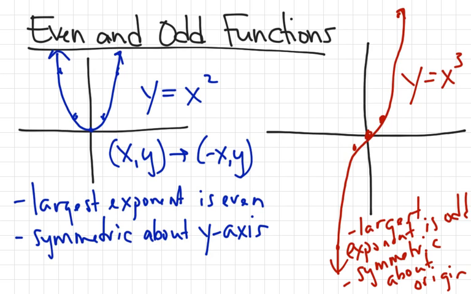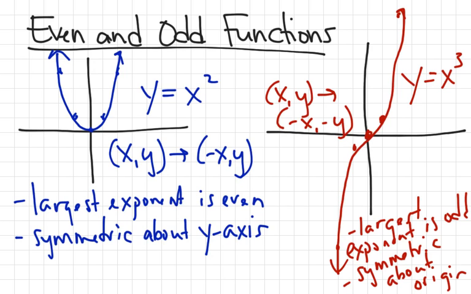An odd function is going to be one whose largest exponent is not only odd, but if (x, y) is a point on the graph, so must be (-x, -y), in order for it to be an odd function. Just because the largest exponent of a function is odd does not mean that it is an odd function.